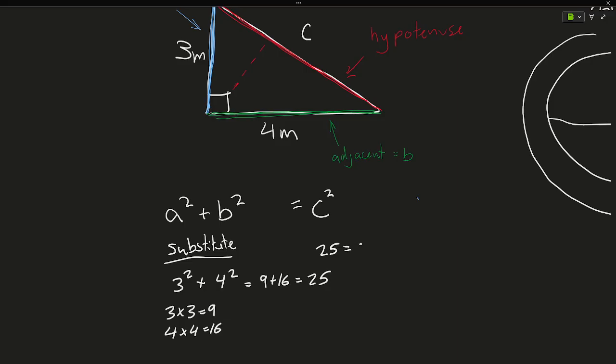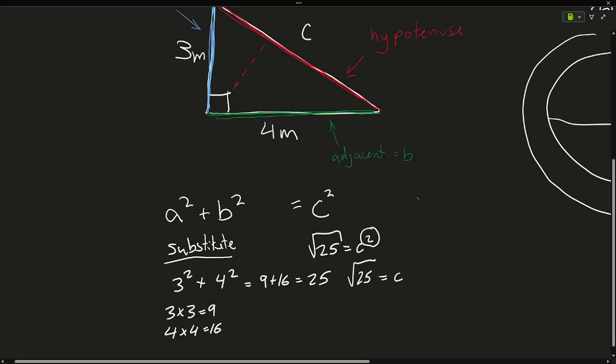So 25 equals our C squared. But we have to get rid of this squared. So to reverse a square, we must do a square root. So that means we'll do the square root of C squared equals C. Oh, square root of 25, sorry.